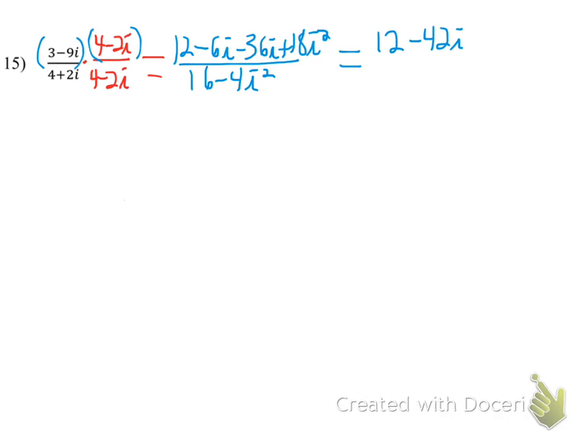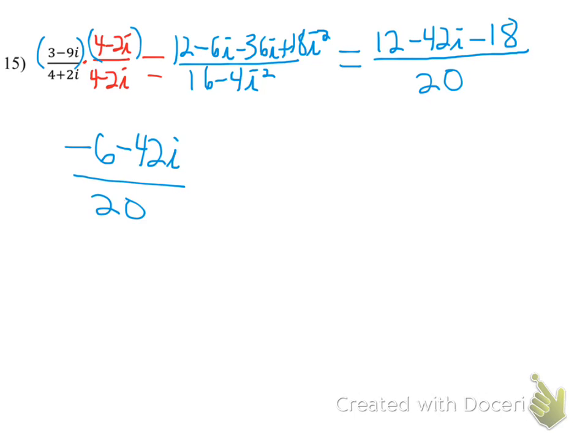Clean up the top. 12 minus 42i minus 18. Clean up that i squared over 20, because this becomes 16 plus 4. And then clean up the top. So all together it cleans up to negative 6 minus 42i all over 20.